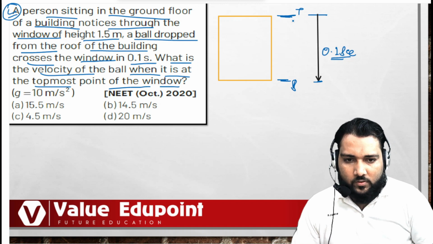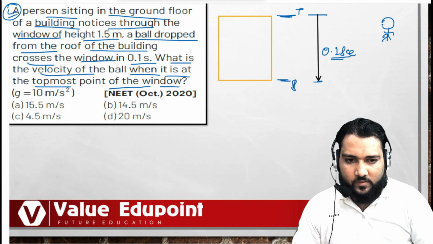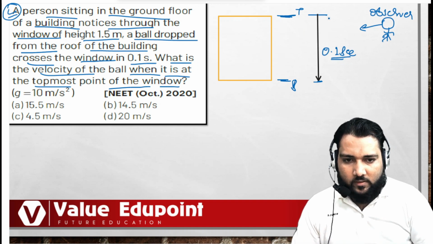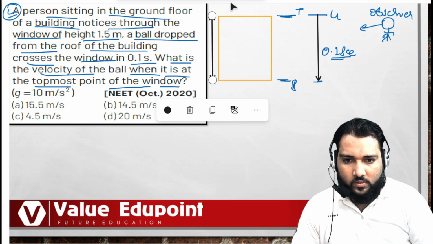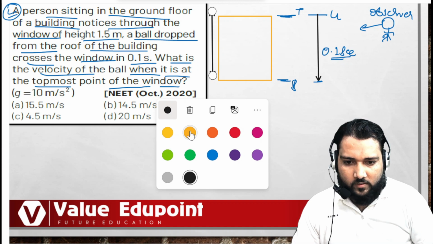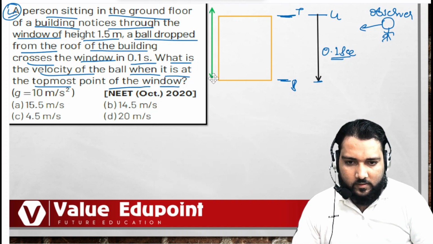Someone sees this scenario, this is the observer. Assume that the velocity here is u, and we have to find the topmost velocity. Finally, he crosses this in 0.1 second. And we know the height of this window, that is 1.5 meters.